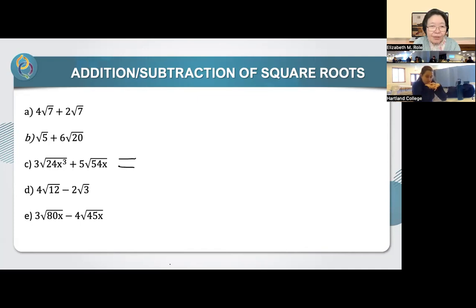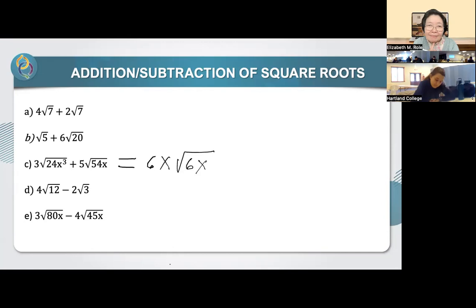Yes. So the square root of 4 is 2. So that will now become 6. Then there's an x squared there and of course an x. So the square root of x squared is x. So that first one is 6x the square root of 6x. Yeah, the 3 times the square root of 24x cubed is the same as 6x the square root of 6x.